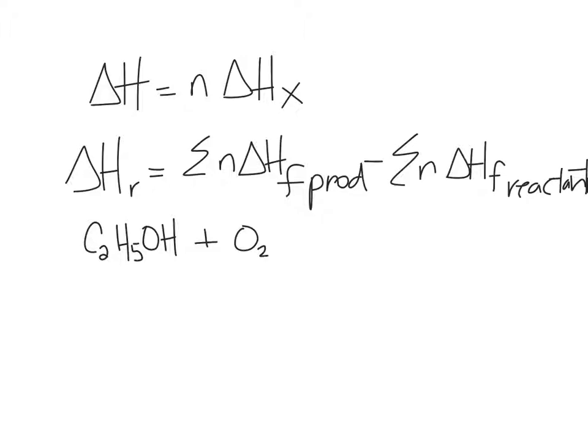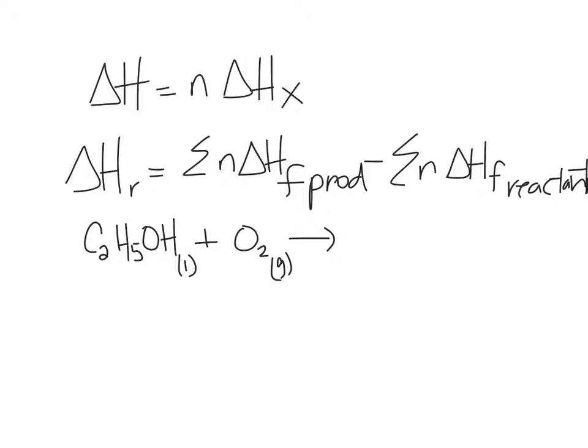Now, this is where subscripts count. Do we want to make water vapor or water liquid? When it burns, initially you make water vapor. When it cools down, you get water liquid. Which one do you want to pick? Because if it doesn't tell you in the question, you pick one.